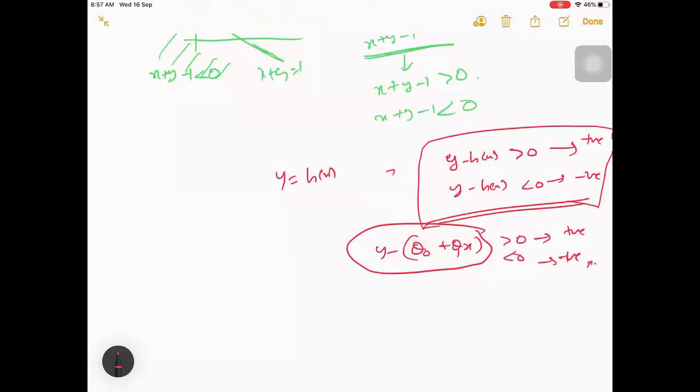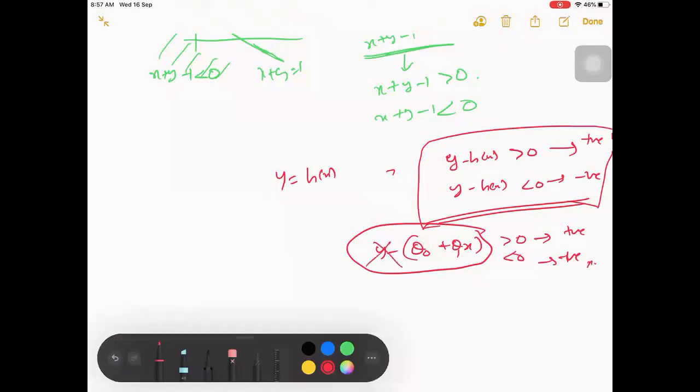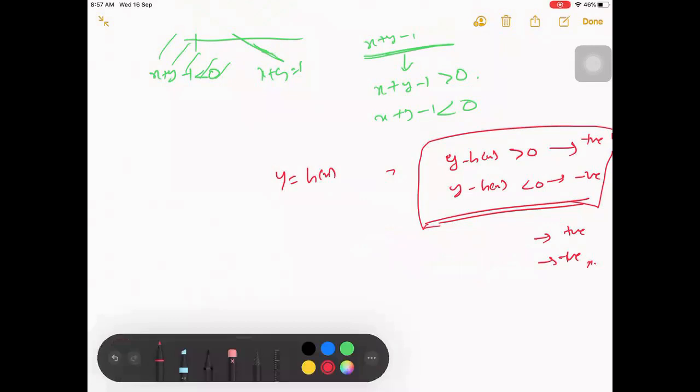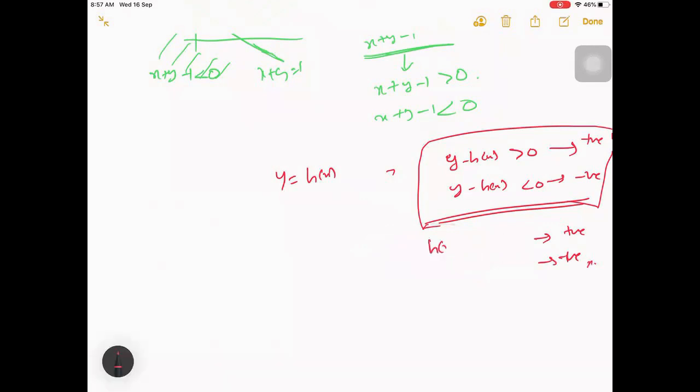Actually in the real case, we won't be having this y, so we only have to see this part. It's not y minus h of x directly, because y is actually h of x. So here what we'll be having is your h of x, which is theta naught plus theta 1 x. If it is greater than 0, it is positive. If it is less than 0, you will predict it as negative.